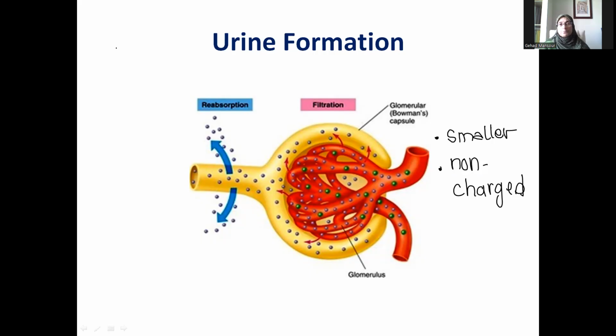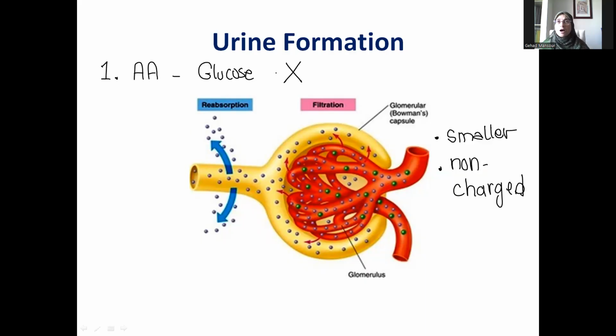And here come two important questions. The first one is related to the content of urine. When we say that amino acids and glucose do not appear in urine, I might not say although they are filtered. You know that they are freely filtered. You know that amino acids and glucose are freely filtered in the glomerulus.